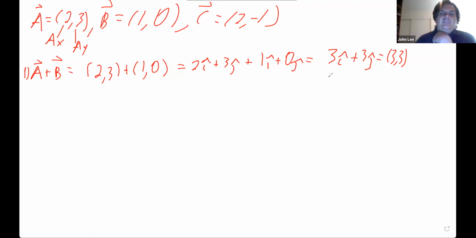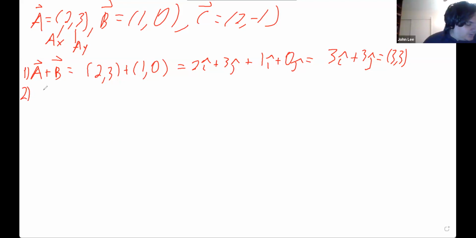I just broke it down explicitly into i and j components, and since i and j are perpendicular to each other, you can't add them together. So 3 is just in the i direction plus 3 in the j direction equals 3 comma 3 in parentheses.